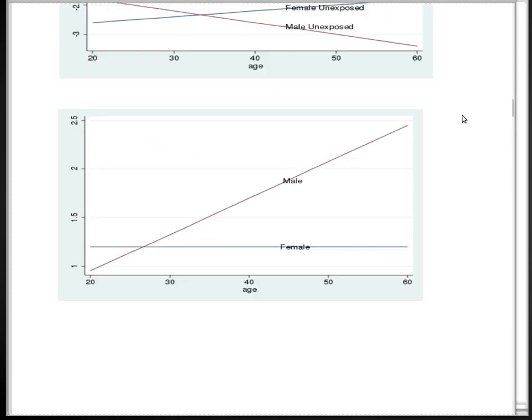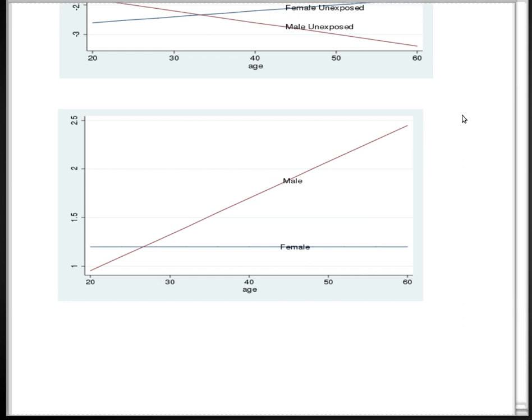So that is a visual description of the fact that the odds ratio is a function of age for the men, but it is not for the women. Notice then we would have a circumstance in which we would say that for the men, age modifies, but for the women, it does not.